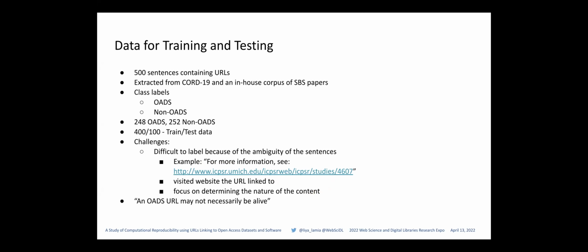So for this kind of ambiguous sentence, we visited the website that the URL linked to, and while labeling the URLs, we focused on determining the nature of the content. Also, in our work, an OADS URL may not necessarily be alive.